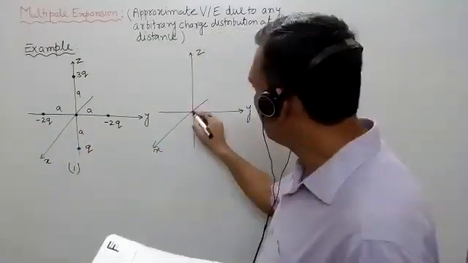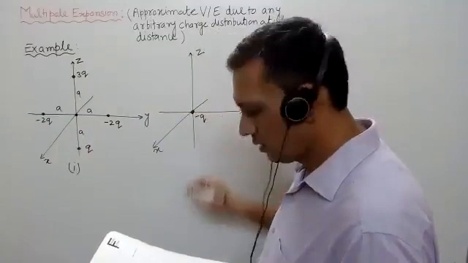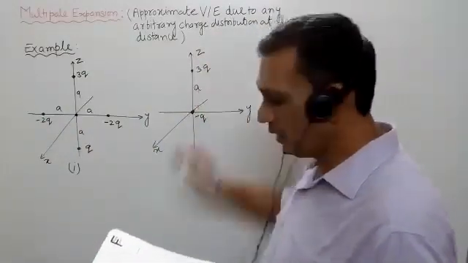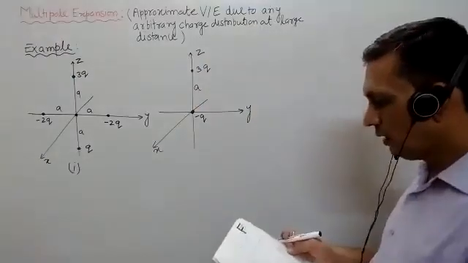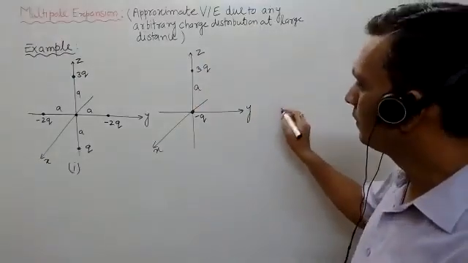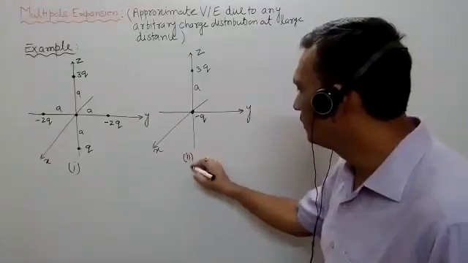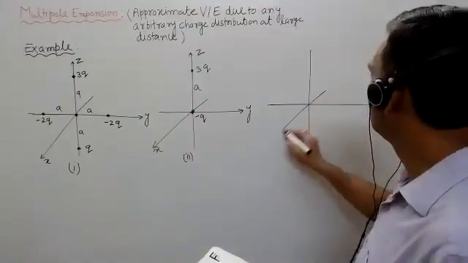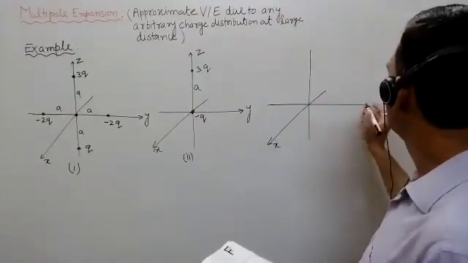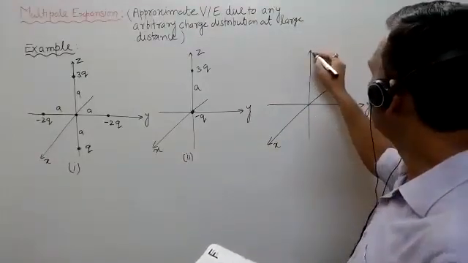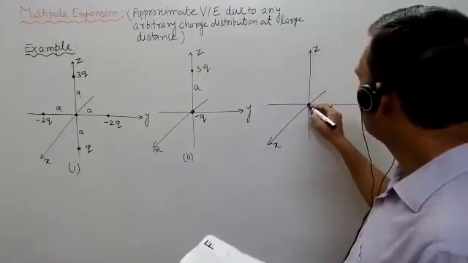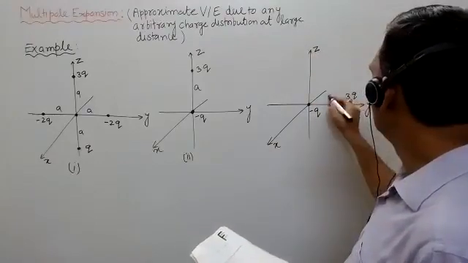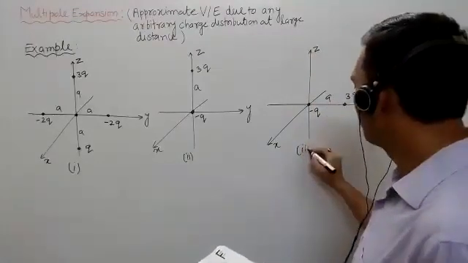Next, on the origin you have minus Q charge, and this is 3Q. This will be a. And then you have a third case: X, Y, and Z. This is minus Q, and this is 3Q, a distance a away.